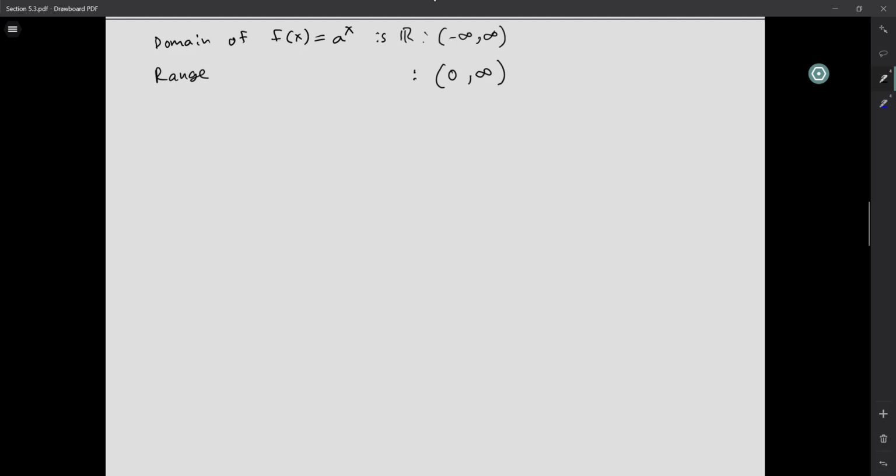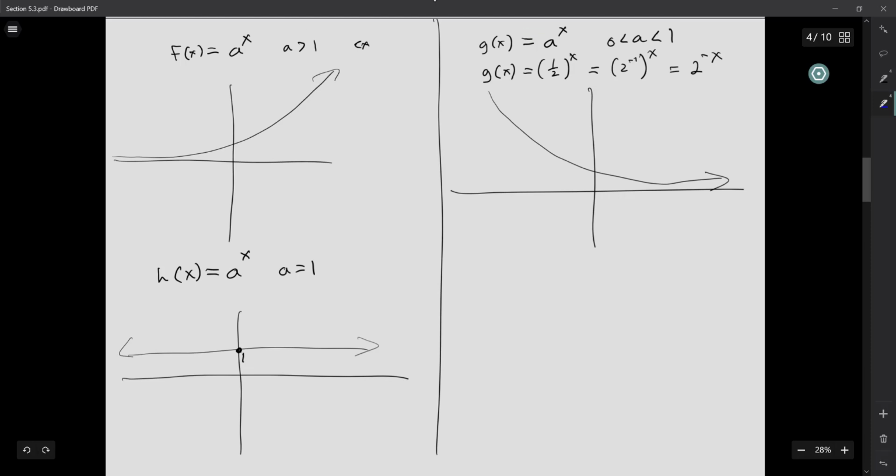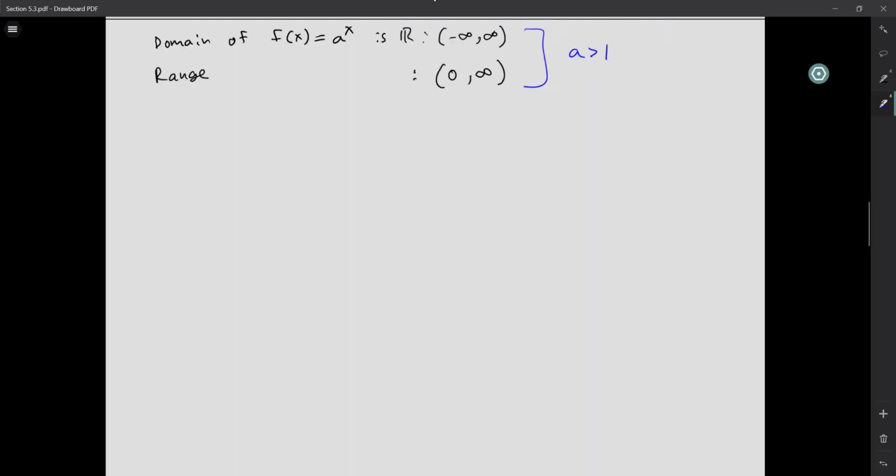See, if I have a positive base for an exponent, I should make a note here, a is greater than 1. So this is our basic exponential function. For the numbers smaller than 1, we can flip it around. It's just really important that we don't have negative numbers for the base.